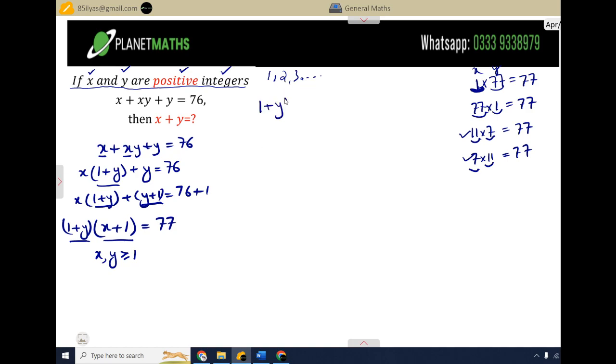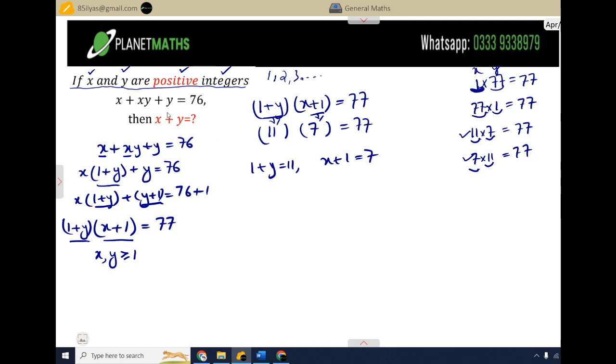1 plus y into x plus 1 is equal to 77. Now consider 11 into 7 is equal to 77. Now put 1 plus y is equal to 11 and x plus 1 is equal to 7. You have to find the value of x plus y, right?